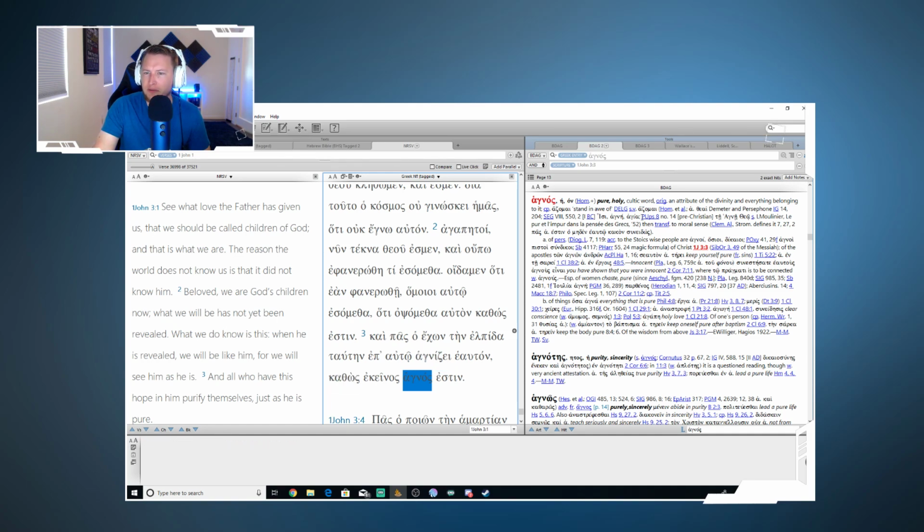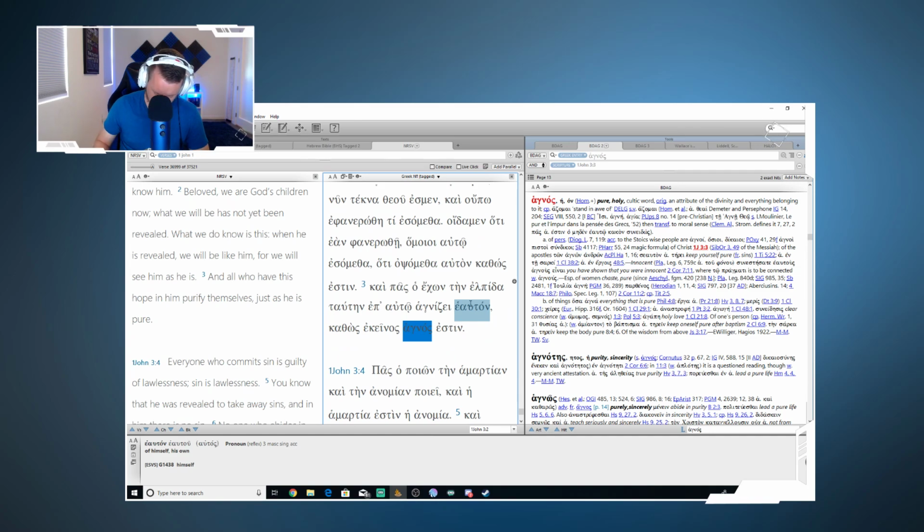of persons, of Christ. An attribute of the divinity and everything belonging to it. Stand in awe of. Transfers to a moral sense. Okay. Just as he is pure.